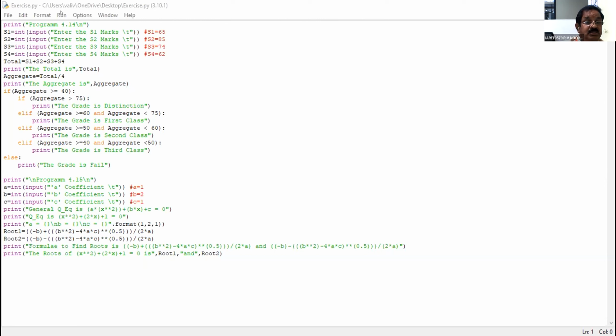Input marks S1, S2, S3, S4. Total. Prior to this, I asked whether they have cleared all 4 subjects or not. That you have not done. You have to make use of an if statement prior to calculating the total.